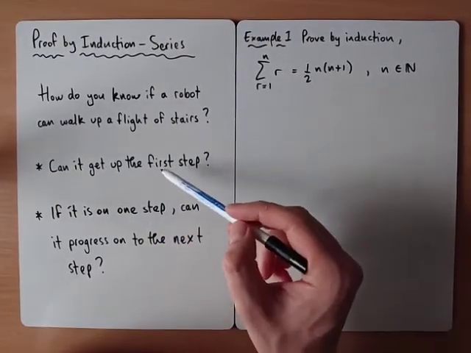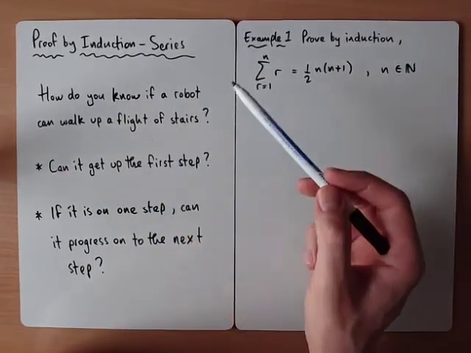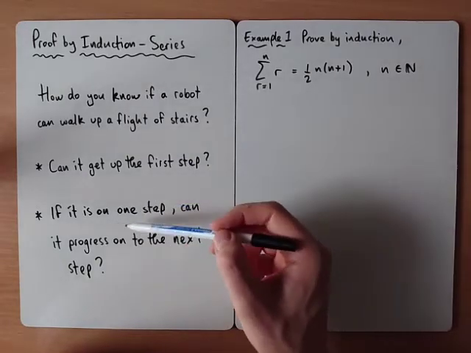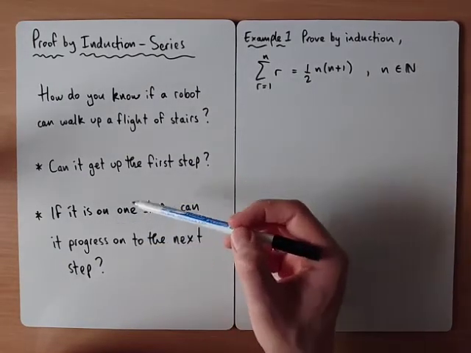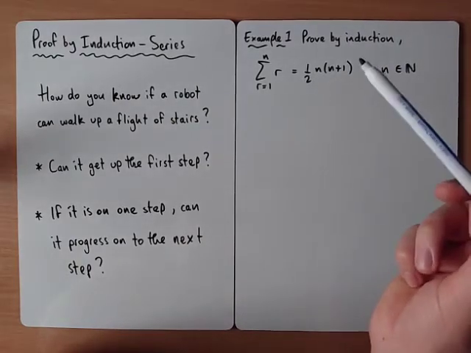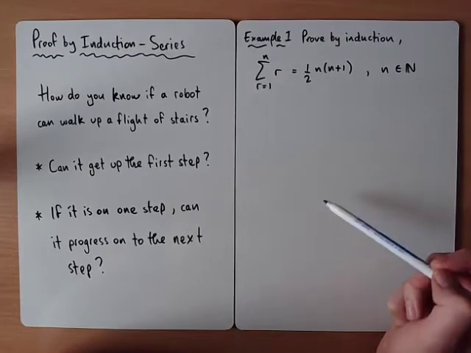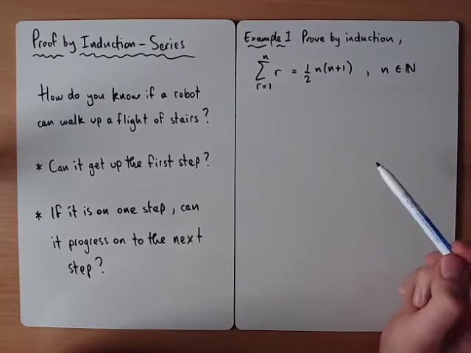Because obviously if it can get onto the first step, it's on the stairs. And then no matter whereabouts it is along the staircase, if when it's on one step, it could also progress onto the next step, then we know that no matter how big the staircase is, the robot would always be able to keep going. Obviously not worrying about the battery life or anything like that.